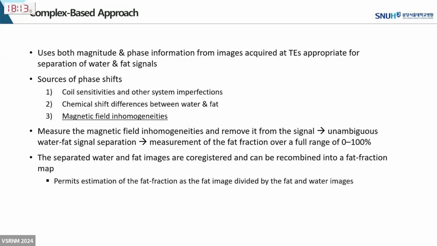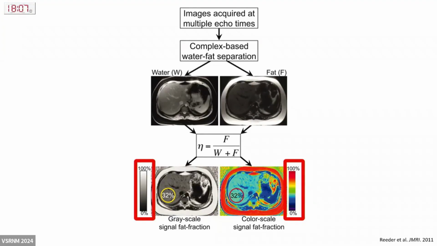The separate water and fat images are co-registered and can be recombined into a fat fraction map. And this is the process of generating a fat fraction map by using the complex-based approach. From the separate water-only and fat-only images, fat fraction maps with the full dynamic range can finally be calculated.